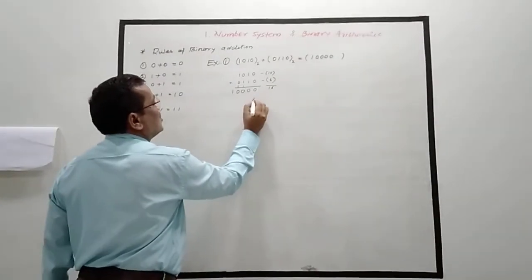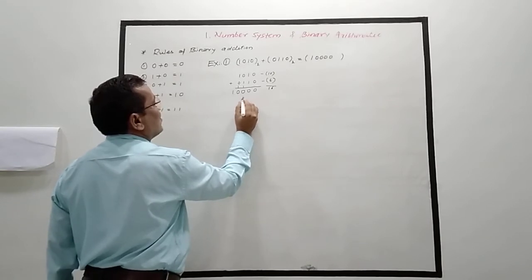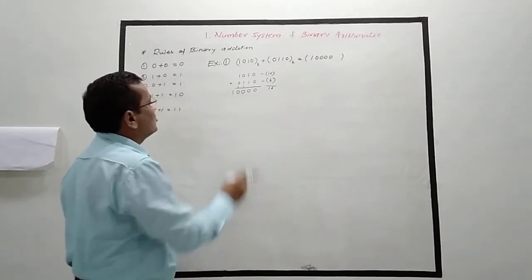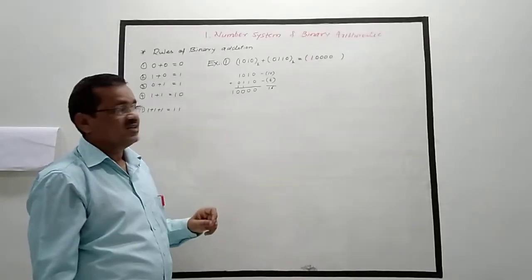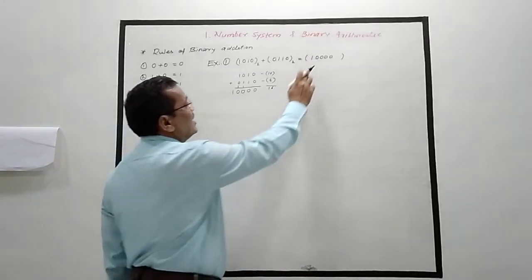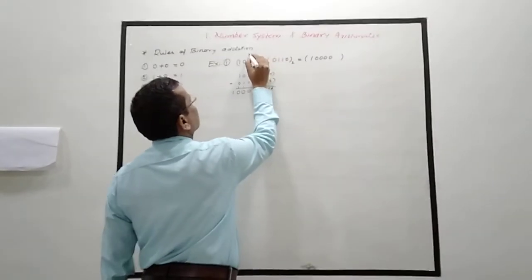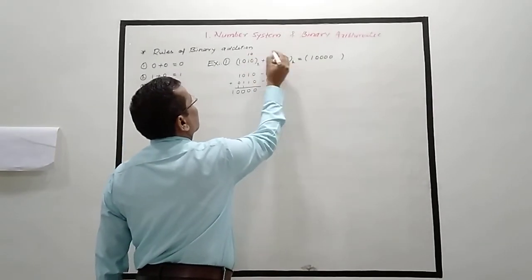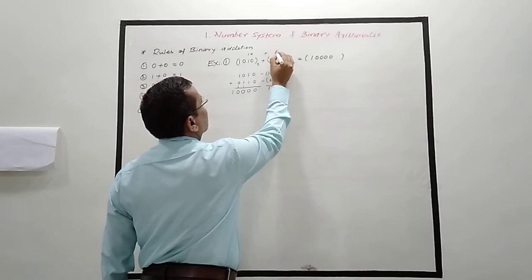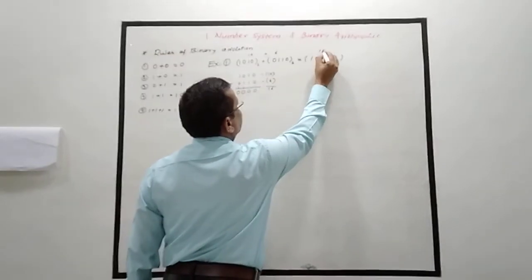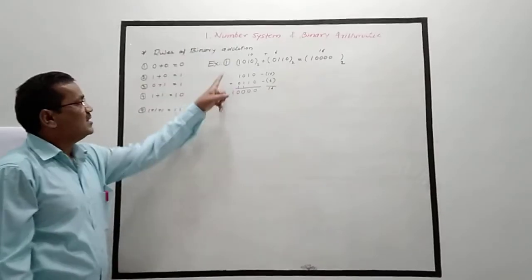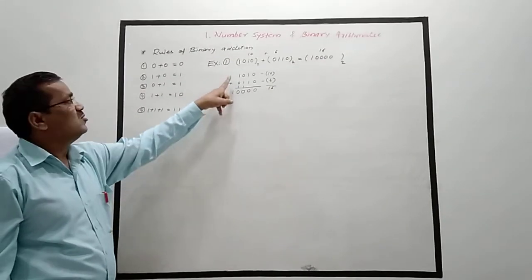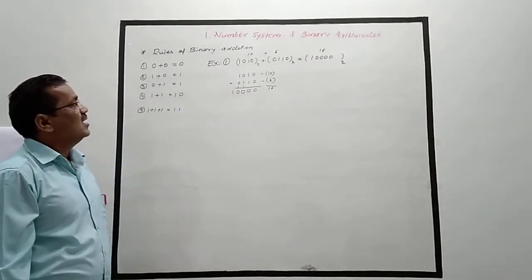And here 2 raised to power 0, 2 raised to power 1, 2 raised to power 2, 2 raised to power 3, 2 raised to power 4. 2 raised to power 4 means it is 16. Hence it is equivalent. Suppose it is 10 adding with 6, so we will get 16. Like this, you can add two binary numbers.